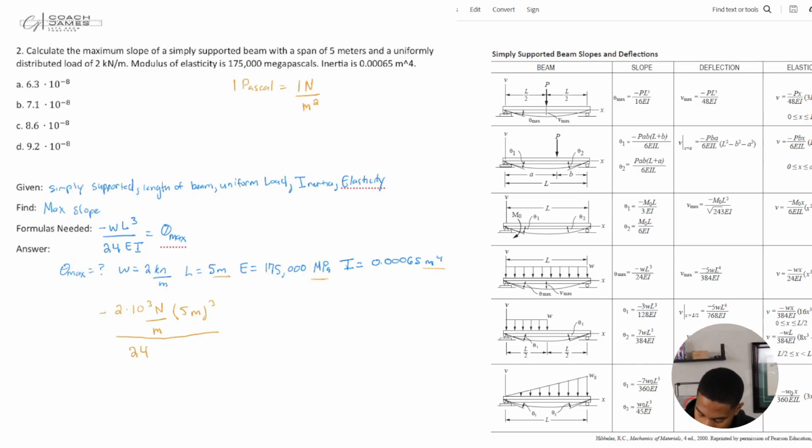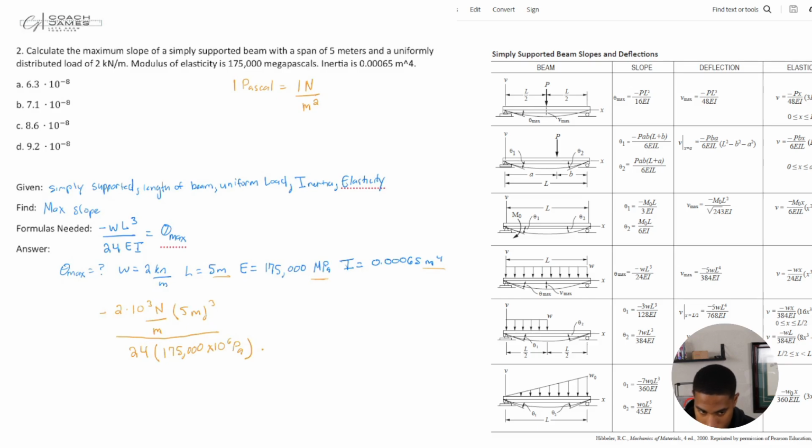24 times E. Okay, so I'm going to put this in pascals. So I know megapascals is always 10 to the 6. So I'm going to say 175,000 times 10 to the 6 pascals. Okay.